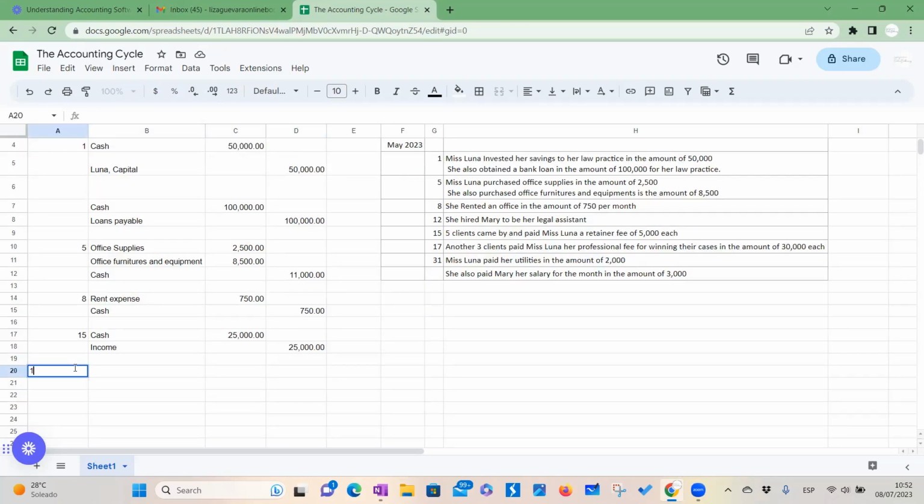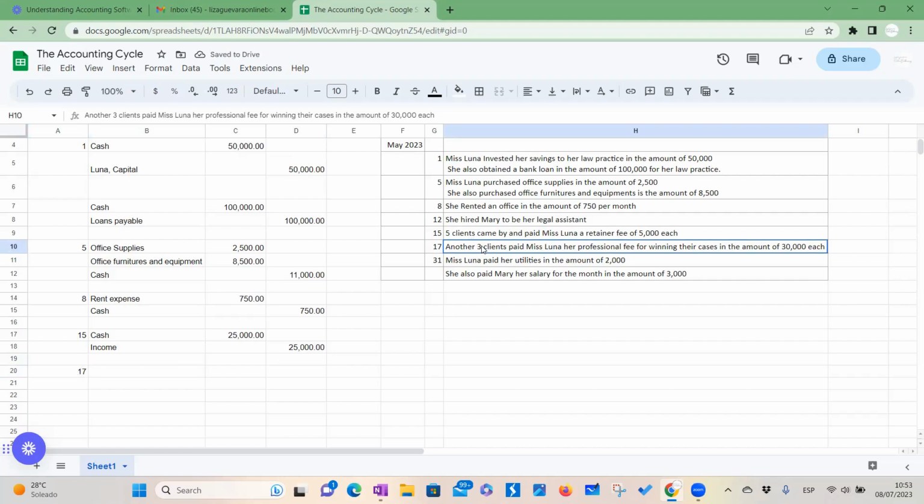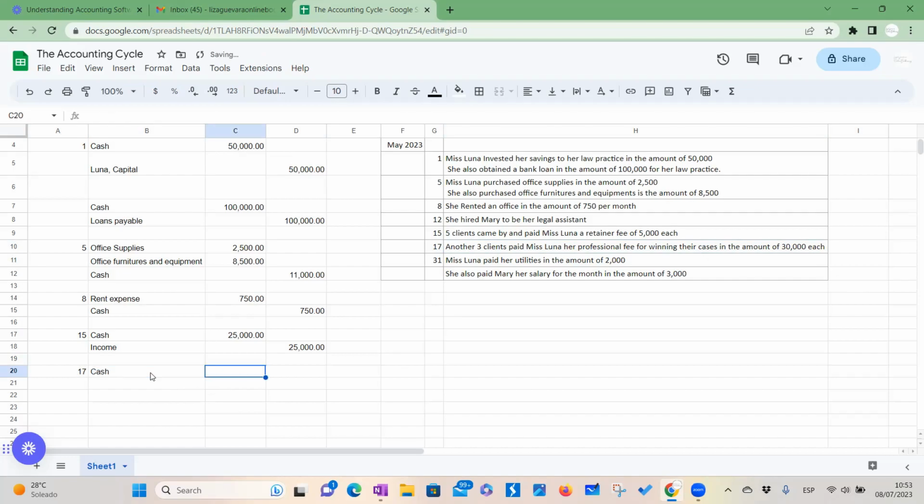So on the 17th, another 3 clients paid Miss Luna her professional fee for winning their cases in the amount of 30,000 each. So we'll debit cash in the amount of 90,000. That is 3 times 30,000. And credit income in the amount of 90,000.